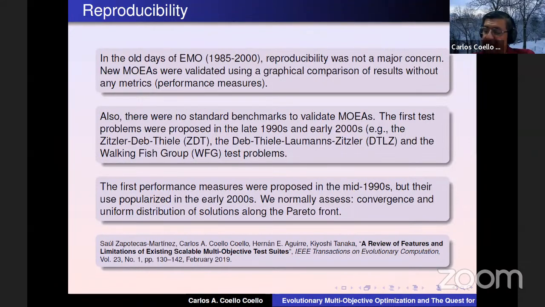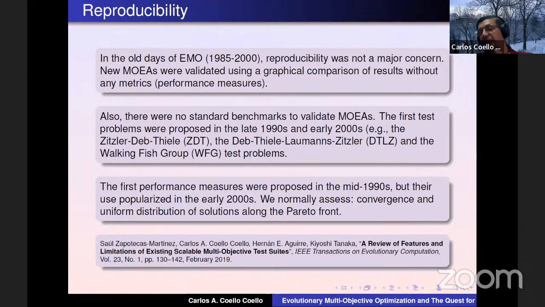In this case, something I want to mention is that, as being a guy who has been in this field since the 90s, I sort of witnessed a lot of the development of the field, because as I said, between 1985 and I will say 1993, almost nothing really happened in EMO.